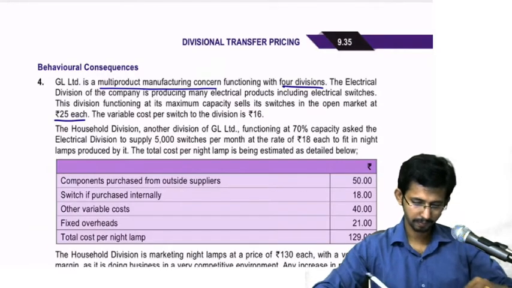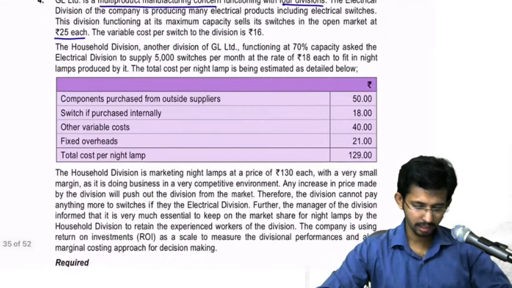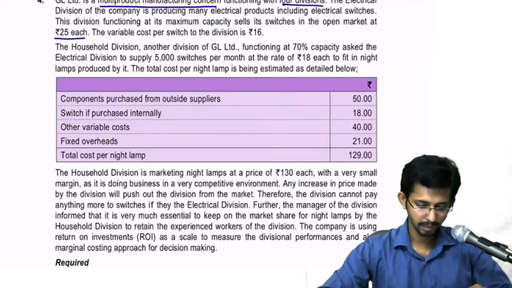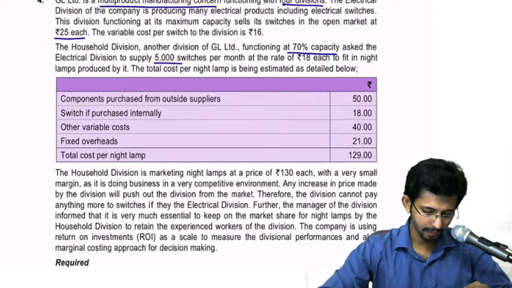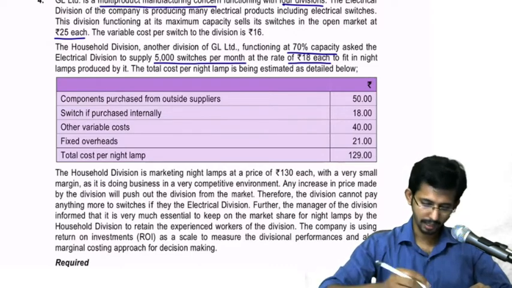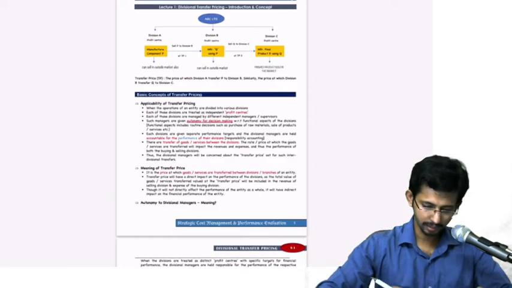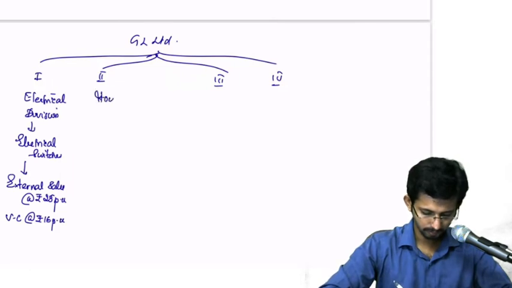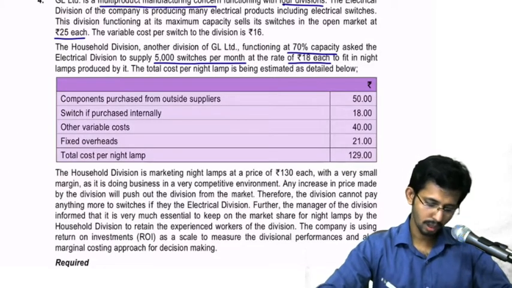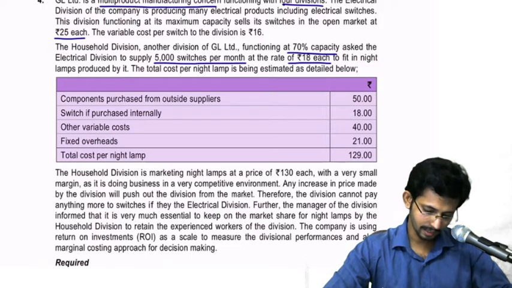16 per unit. Now going further, the household division, another division of GL Limited, functioning at 70% capacity, asked the electrical division to supply 5,000 switches per month at the rate of rupees 18 each. Okay, so there is another division, household division. It is functioning at 70% capacity.